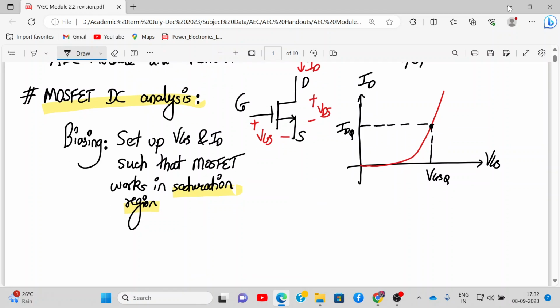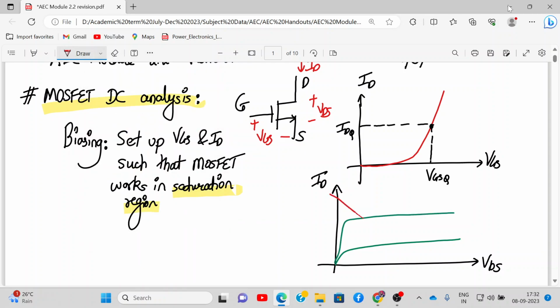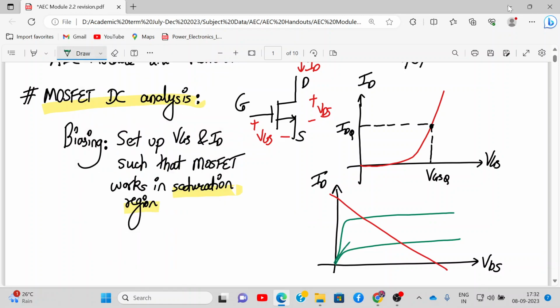I can also locate the Q point in output characteristics. If this is ID and this is VDS, my graph looks like this. I draw the DC load line and mark the Q point over here.